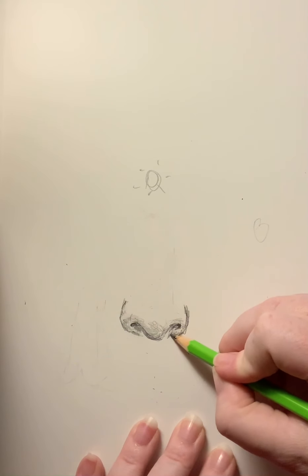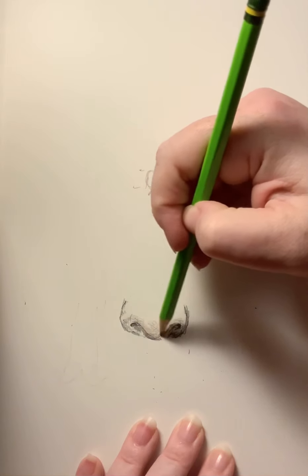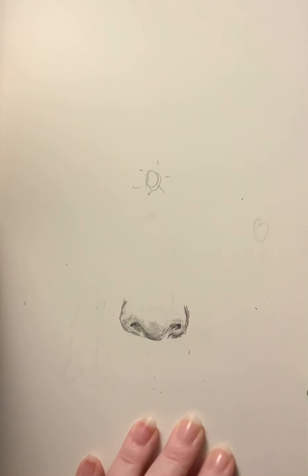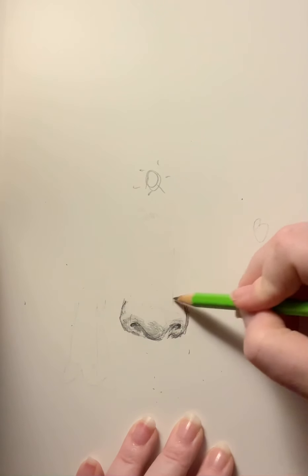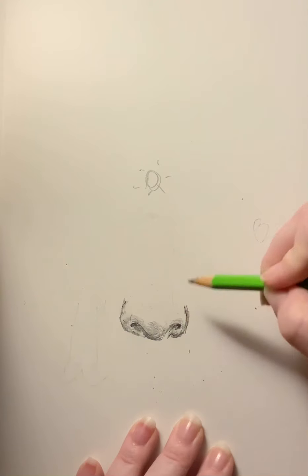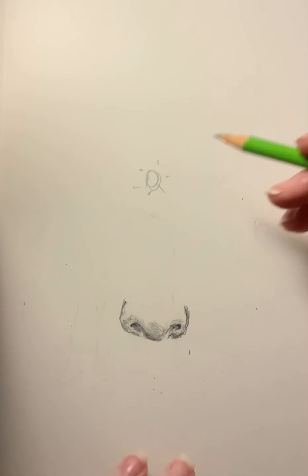All right. So I'm also of the philosophy that your eraser is not just an erasing tool, it's also a drawing tool. Okay. So what we're going to do is I'm going to shade in more of this part of the nose here, and then I'm going to go in with my eraser and put in the reflected light.